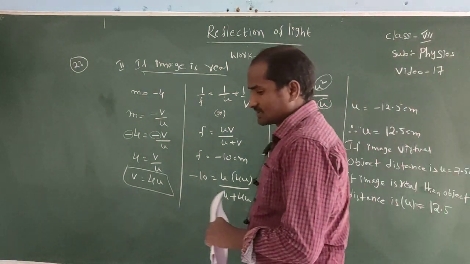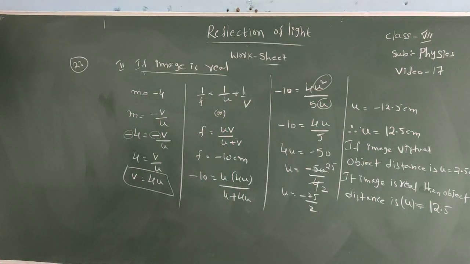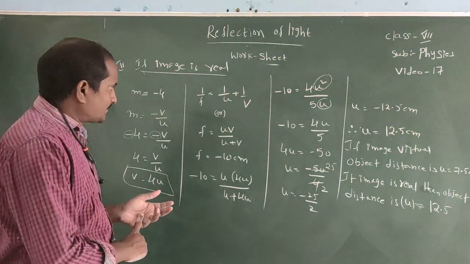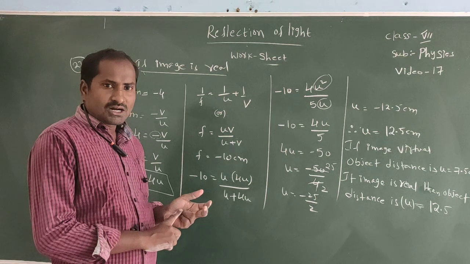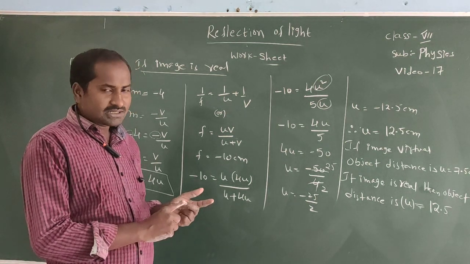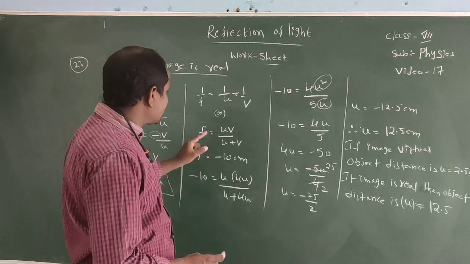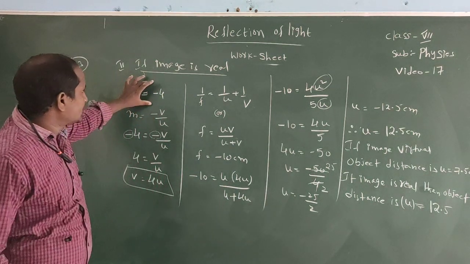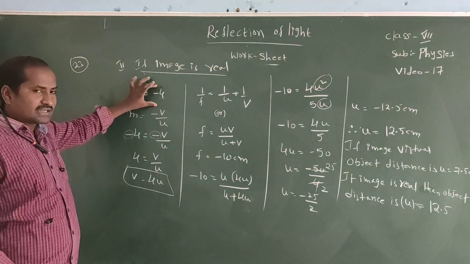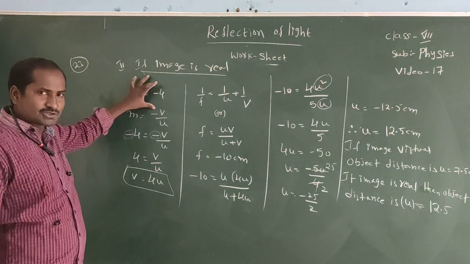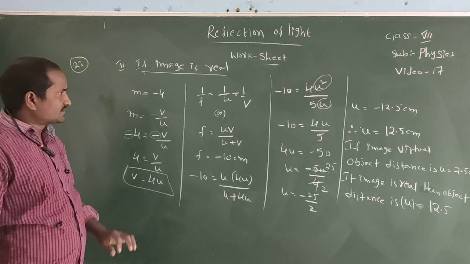It is question number 23. Once again: F means focal length, U means object distance, V means image distance. If m is negative, image is real. If m is positive, image is virtual.